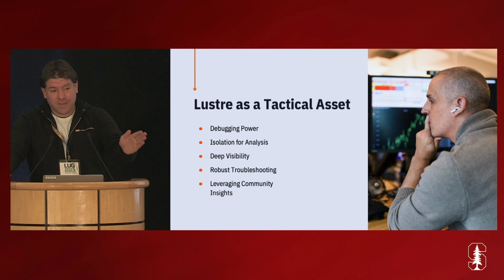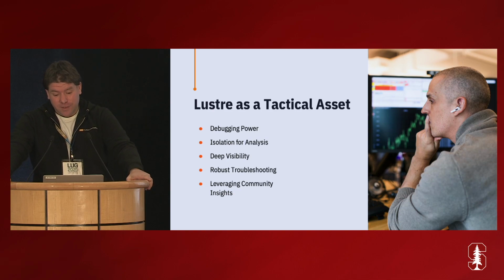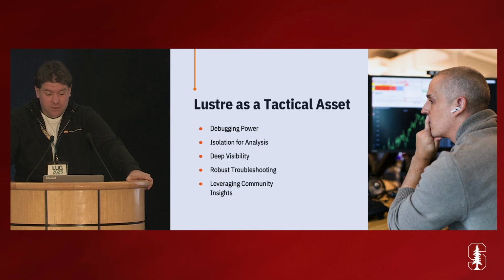on Lustre. And not because it's some isolated thing where it's not gonna make anyone mad, it's just that there are a couple things here that most NFS systems don't have. Debugging power is a lot better. Even something as simple as job stats goes a long way.